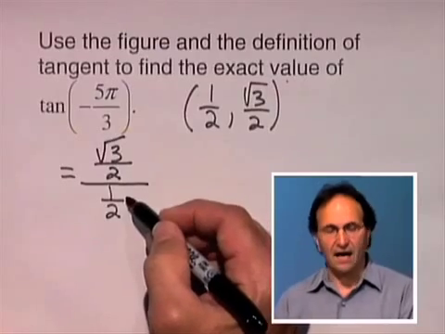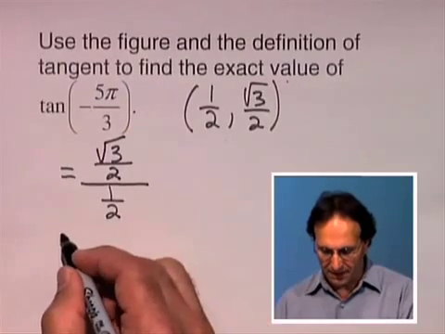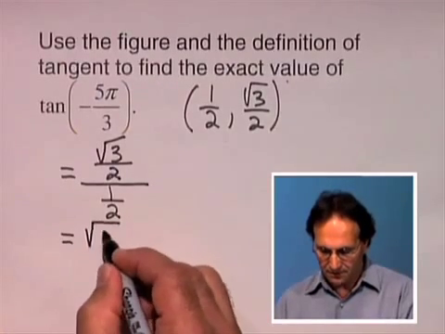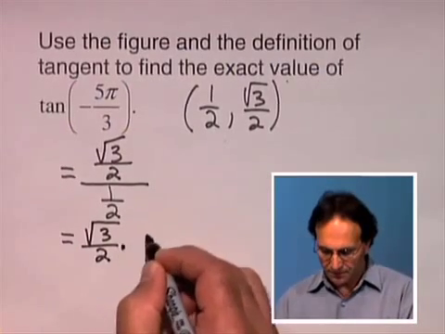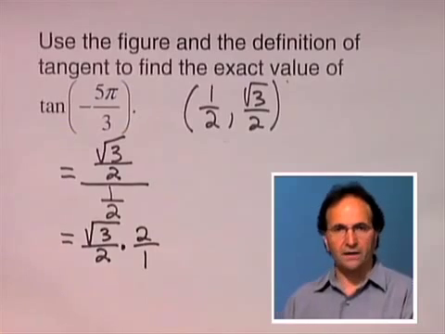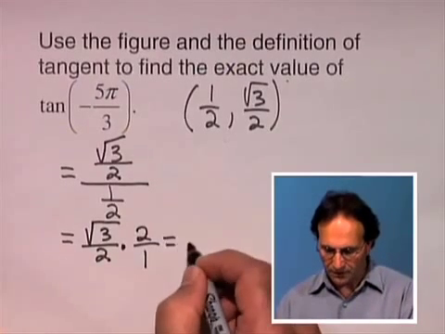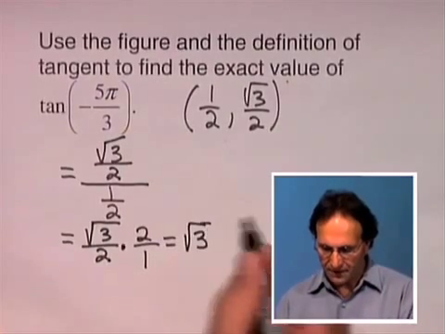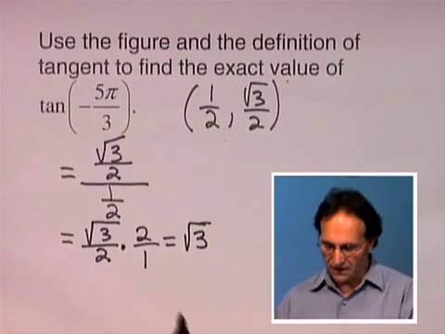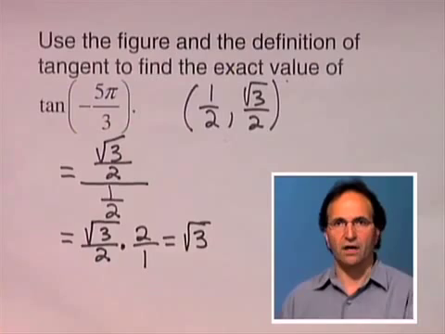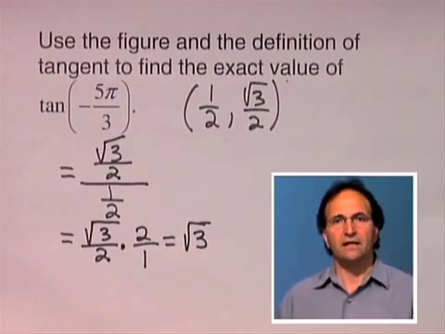To divide these fractions, we change it to multiplication by the reciprocal. So we have square root of 3 over 2 times 2 over 1. And therefore, when we simplify, the tangent of negative 5 pi over 3 is equal to the square root of 3. Let's do one more.